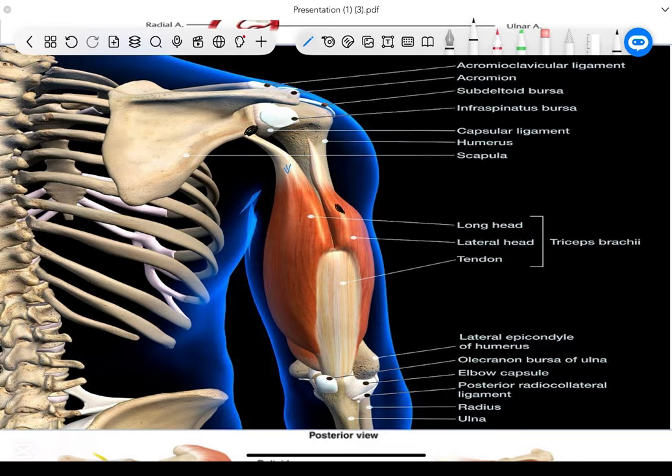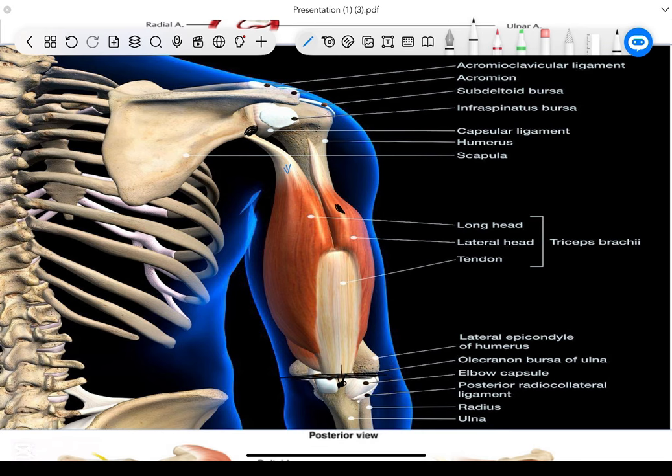Then there is a lateral head which arises from above the radial groove on the posterior aspect of the shaft of the humerus, and the medial head arises from below the radial groove on the posterior aspect of the shaft of the humerus, and they all are inserted into the posterior superior surface of the olecranon process of the ulna.